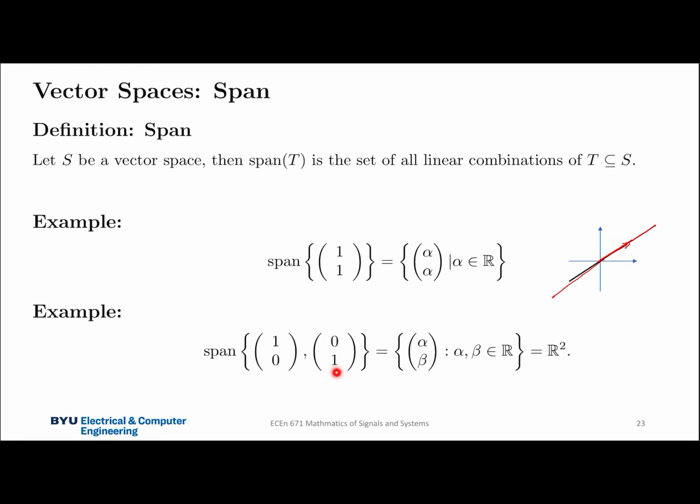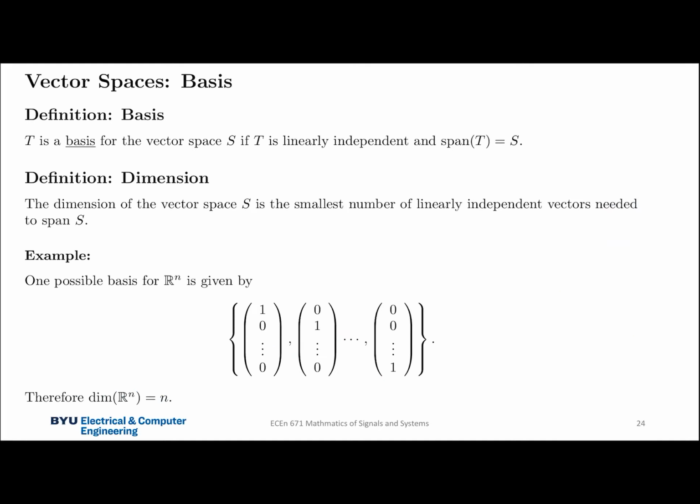The span of (1, 0) and (0, 1) will be anything of the form alpha (1, 0) plus beta (0, 1). So that's (alpha, beta), where alpha and beta are reals, which means it's all of R2. So the span of the set (1, 0), (0, 1) is all of R2.